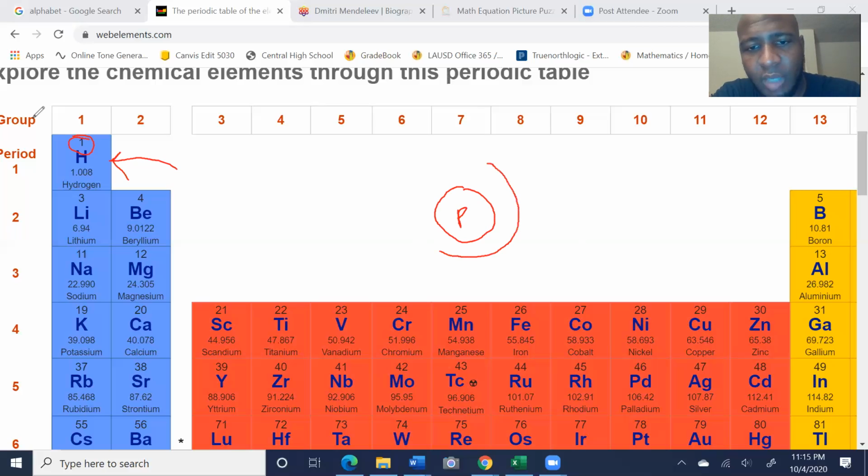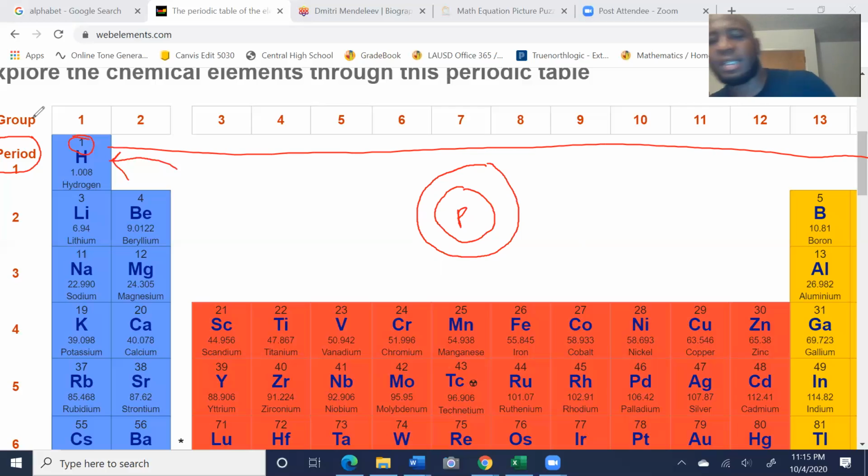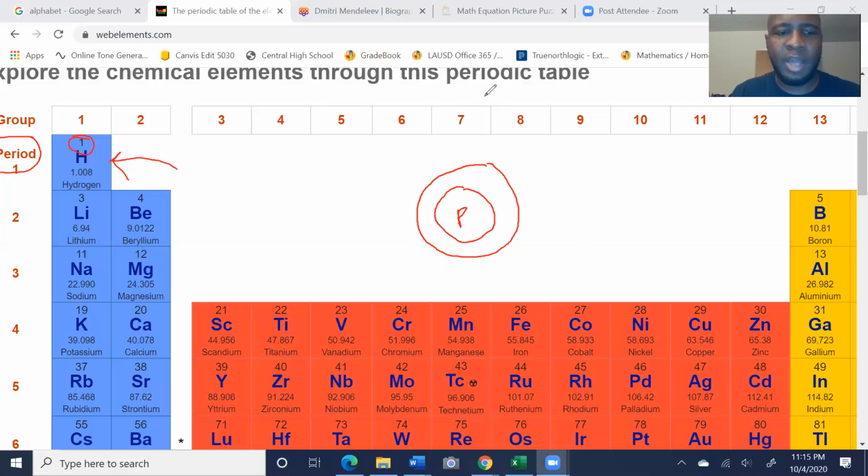Around it we have our first energy shell. What's cool about this, you see over here where it says period, everything going horizontally from here, they all have one energy shell.